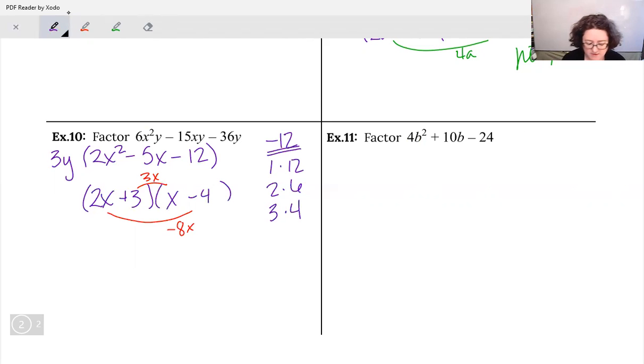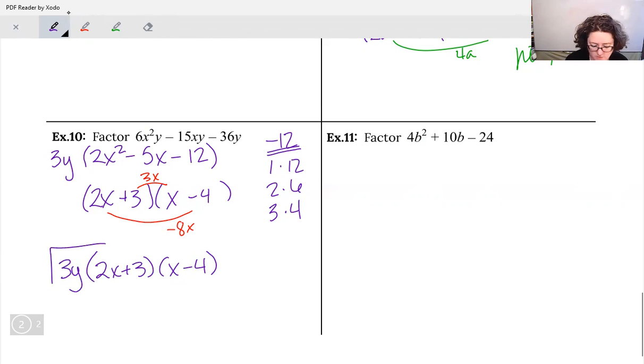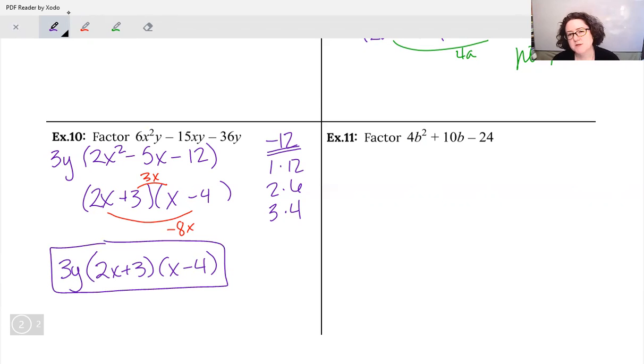So that means my final answer, I'm going to use the 2x plus 3. I'm going to use the x minus 4. And I don't want to forget to copy down that 3y, the GCF that we got all the way at the beginning. Alrighty, so wouldn't be a bad idea, pause your video, try out number 11, and then you can start it back up and see how I did.